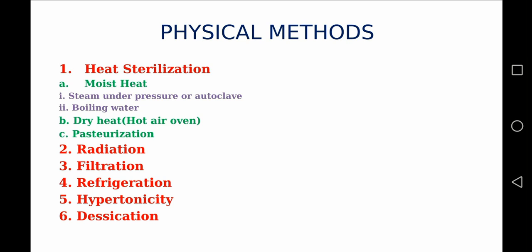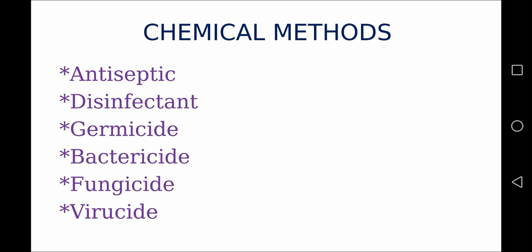The next method is chemical methods. Here, the mainly used chemical agents are antiseptic, disinfectant, germicide, bactericide, fungicide, virucide, etc. Type and number of microbes, concentration, time needed, temperature, presence of organic matter, all these will affect the action of these chemical agents.